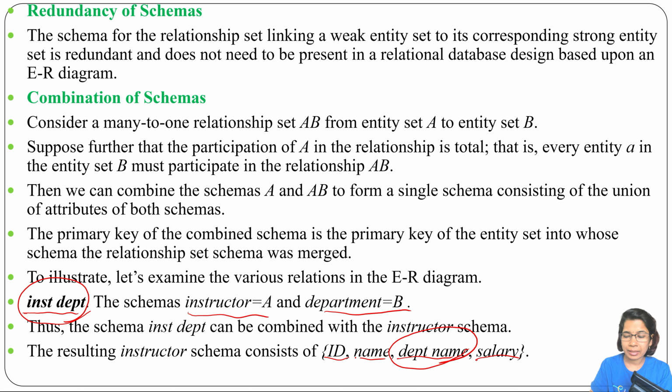As we are merging this, there will be department name. In the relationship we keep both keys, right? Instructor key and department key. Department key is department name, instructor key is ID. So ID and department name are the attributes of the relationship instructor department. When we are merging, that will be with the entity set instructor, right? So we are adding this department name with the instructor entity set.